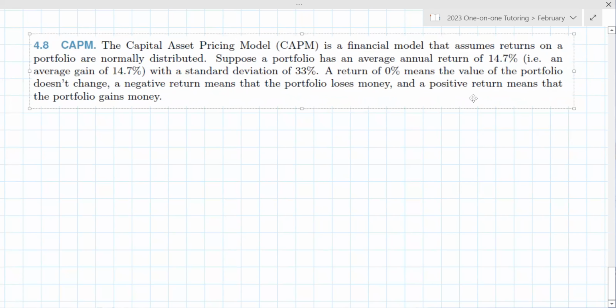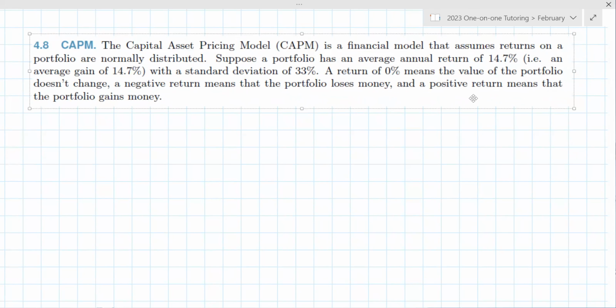All right, so I want you to read this over and tell me if it's a proportion or a population mean problem. Population mean. Yes.